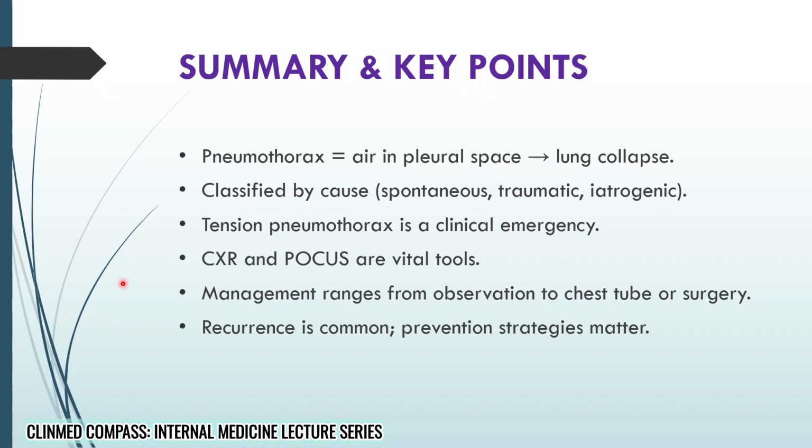Management depends on type and severity of the pneumothorax and can range from observation to chest tube or even surgery. Recurrence is common. Preventive strategies are important. Prevent recurrence through smoking cessation and pleurodesis.